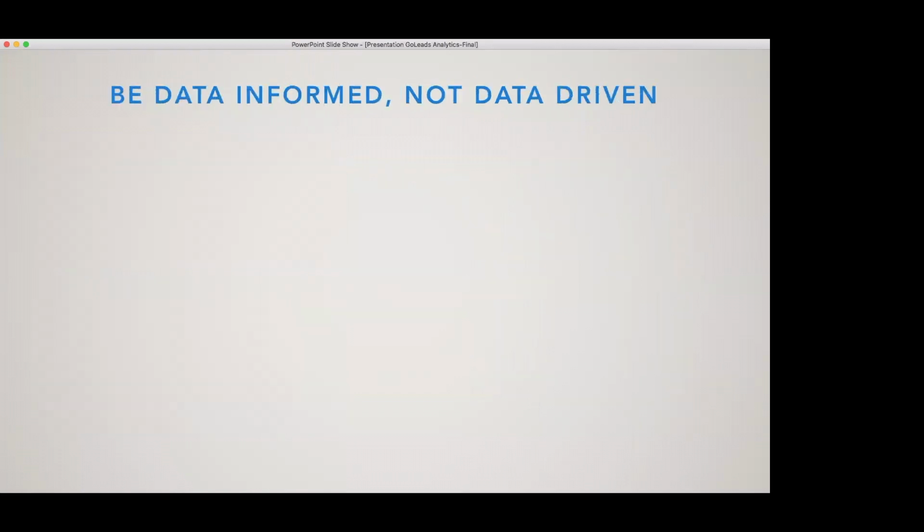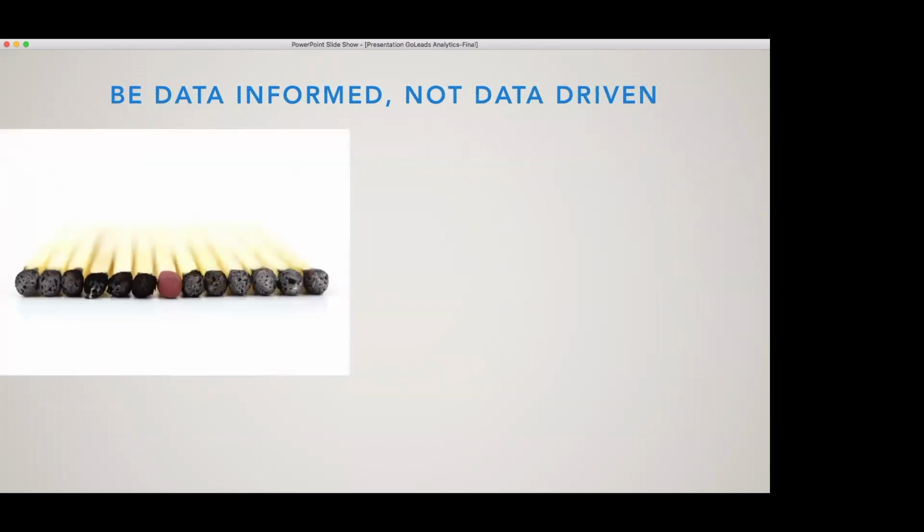Second big concept is to be data informed versus data driven. With all the data out there, and especially with all the data that's in the news, it's really easy to think that everything that's out there is important. But like the analytics people will tell you, it's hard to pick out the signal from the noise.